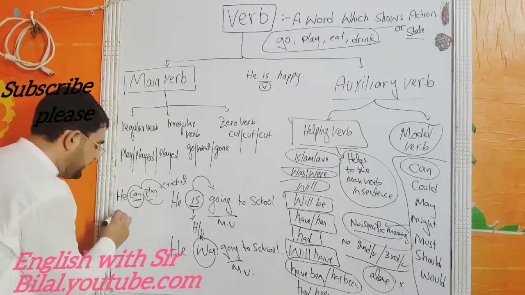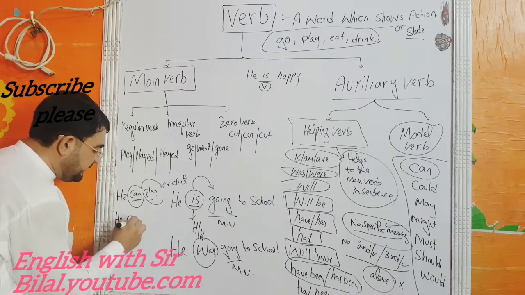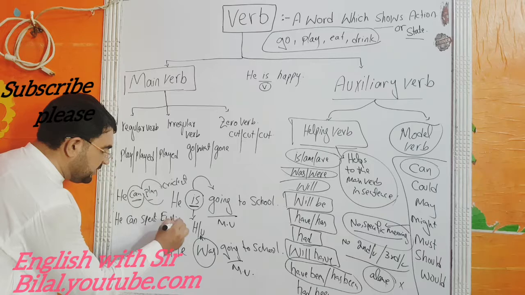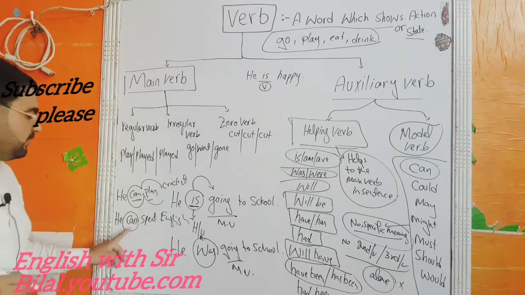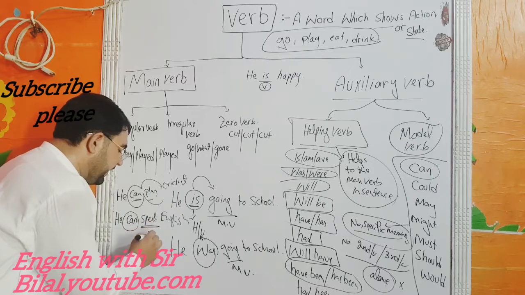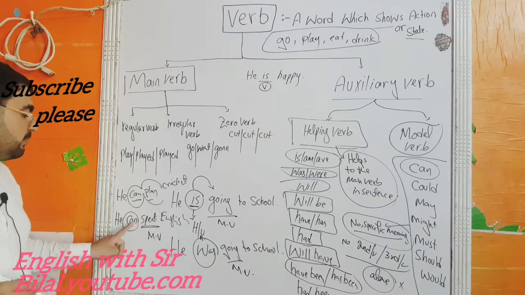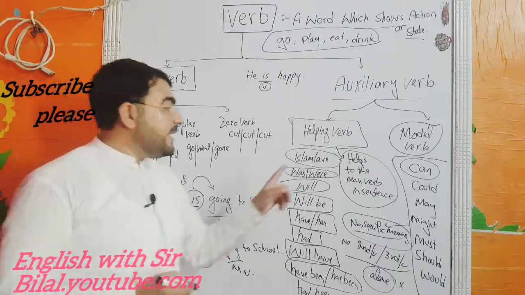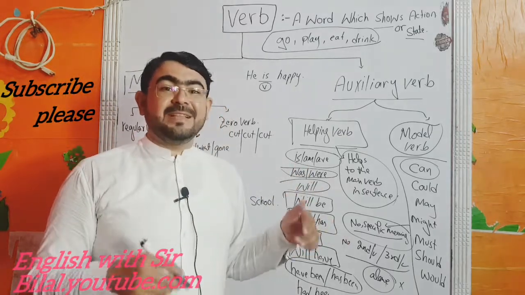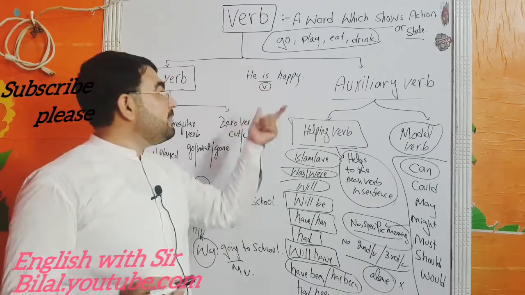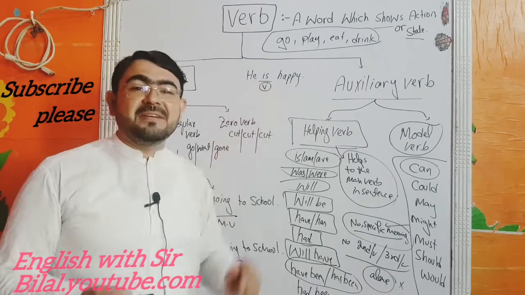Okay, he can speak English. Now see, here "can" is a modal verb. It shows ability, and here "speak" is a main verb. All right, so a modal verb cannot come alone in a sentence. And a helping verb can come without an action verb, like "he is happy." Now here, as I have given you an example, "is" is the main verb in the sentence.